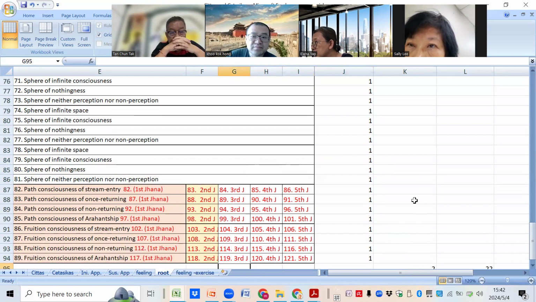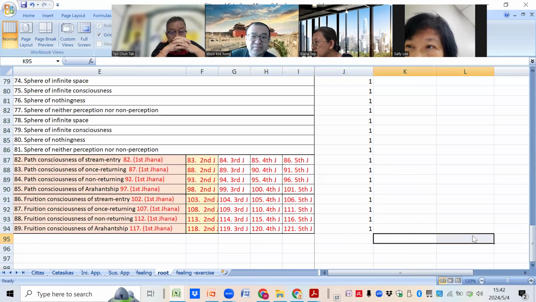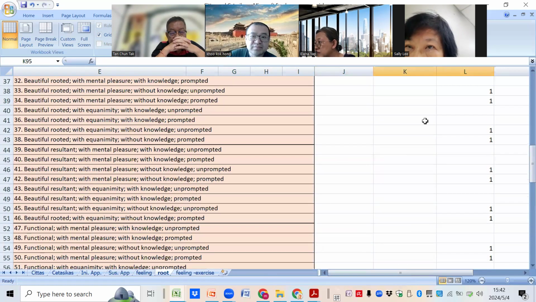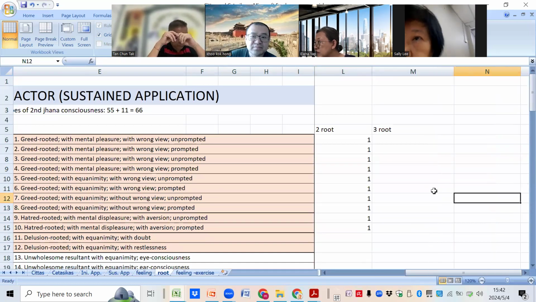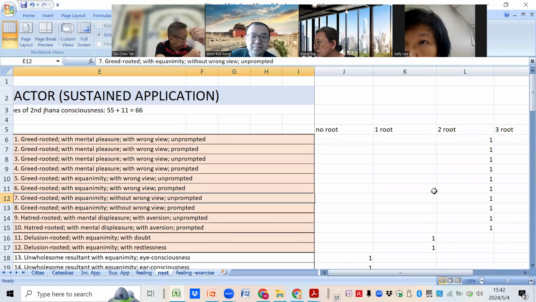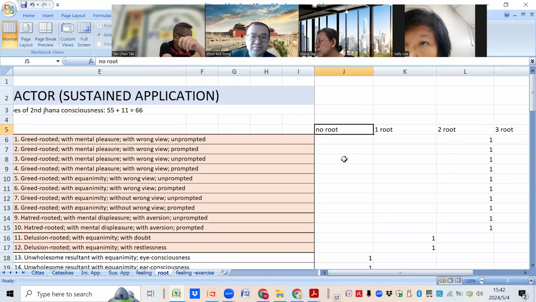So let's try and see this one. See, did we get the correct answer now? Oh, I think I have... wait. Oh, I put in the wrong one already. Never mind. I put it to the no root already. So I change it to the 3 root.